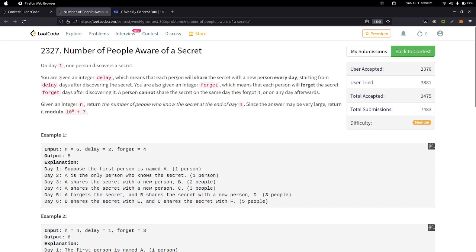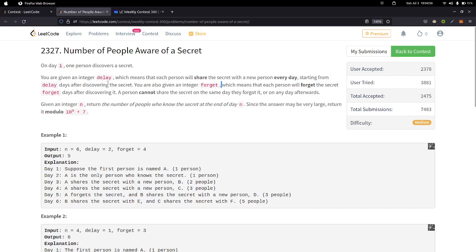And the person who gets to know a secret can only share it after a certain number of days, that is delay. And then once he gets to know a secret for the first time, after forget number of days, he forgets the secret. So there are multiple things happening here. First he gets to know the secret, and then he can share it for these number of days, and then he forgets. So three types of events happen here.